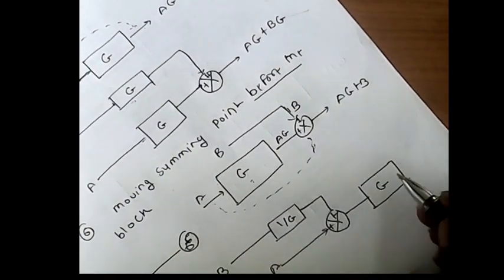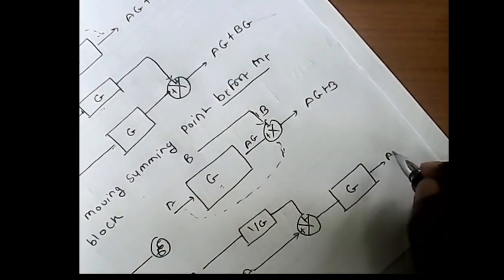After taking the summing point before the block, we get the same output as it is, AG plus B. So here the output is A plus B by G, and after multiplying this equation with G, we get this output. So this is the moving of the block. So we just take a reciprocal before shifting a summing point to before the block.